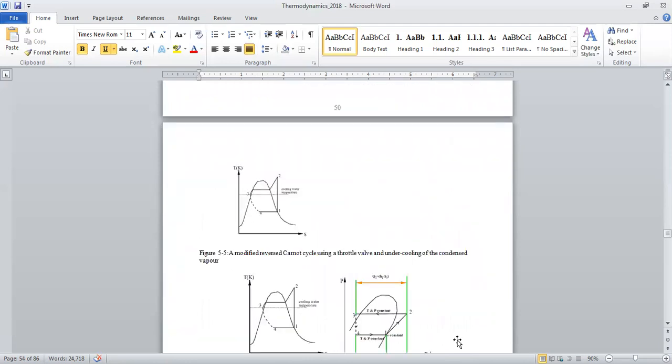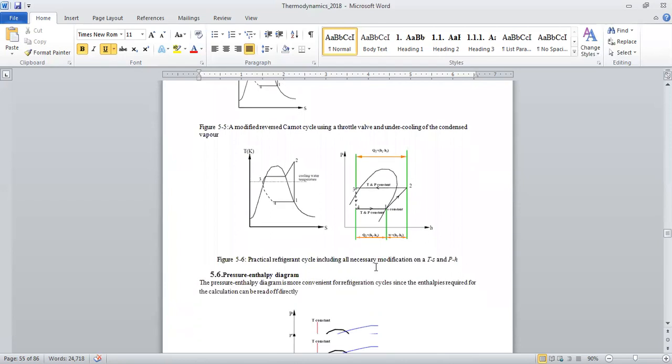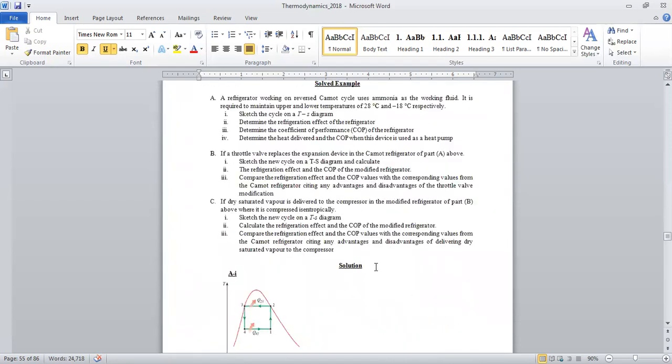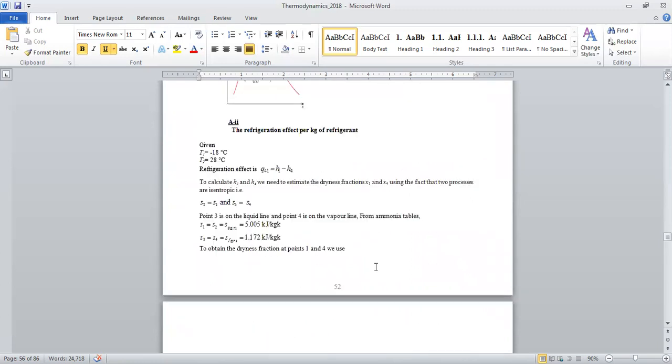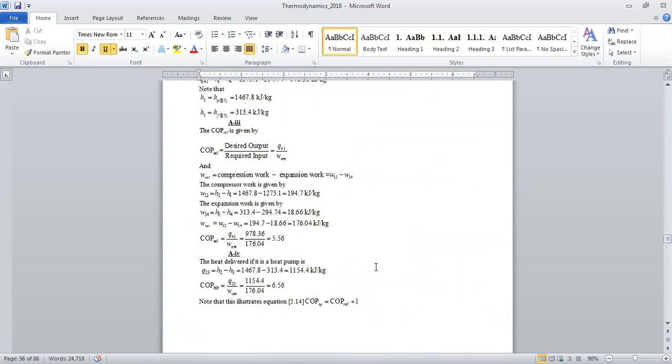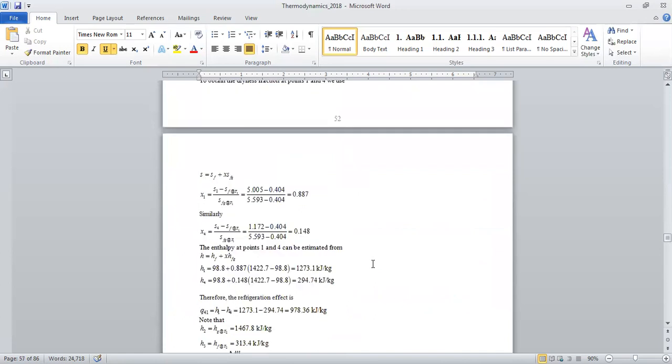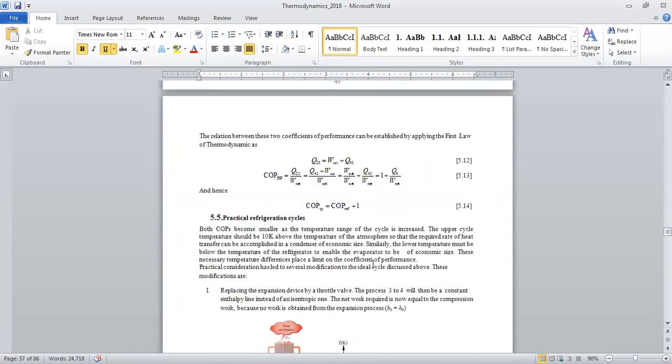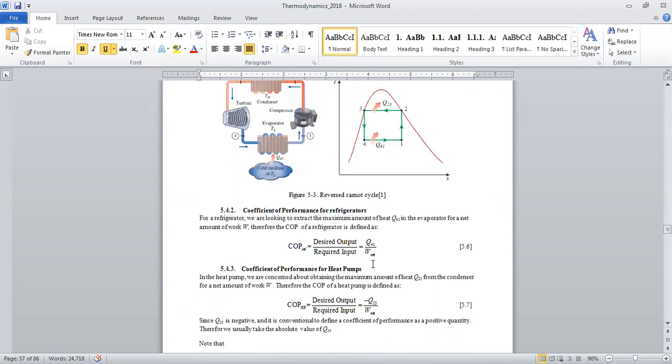This is okay. So practical refrigeration cycle. So even solutions are there. Don't worry. You can understand. So this is about vapor power cycle and its reversal refrigeration cycle.